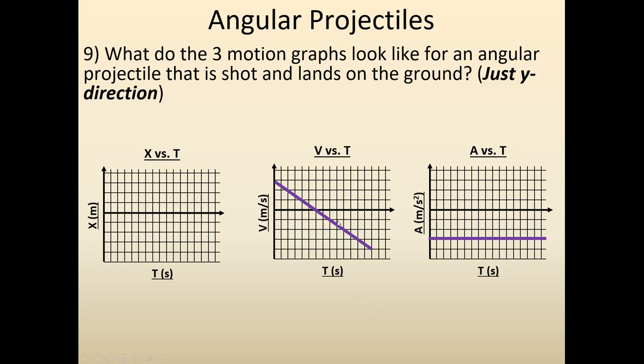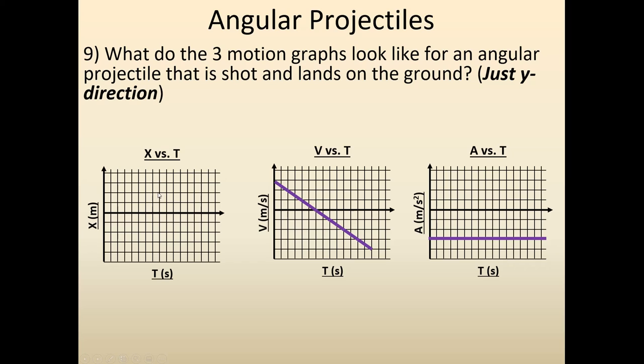I also know that it's going to follow this path because when I shoot the object up vertically, it slows down, just like this graph is doing, reaches a maximum height, and then starts speeding up in the negative direction. So that's exactly what this graph is showing.